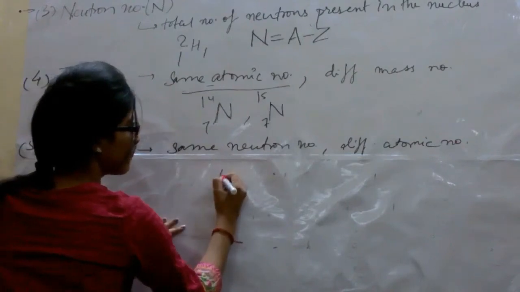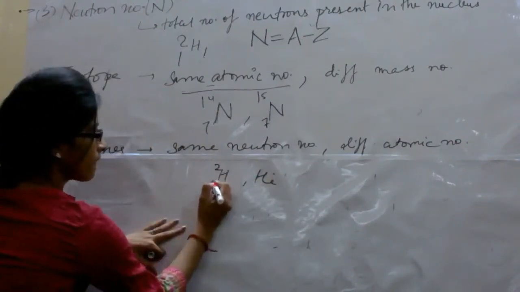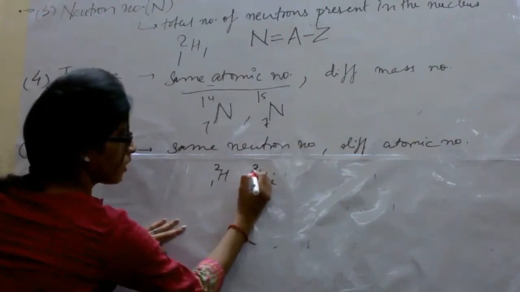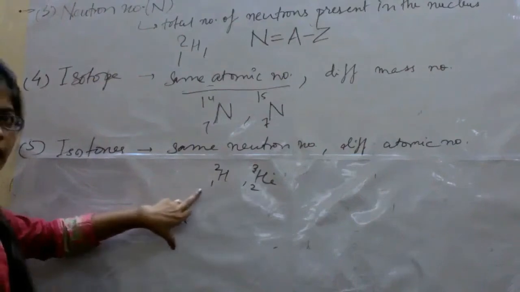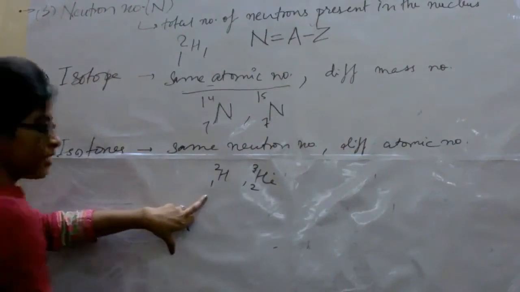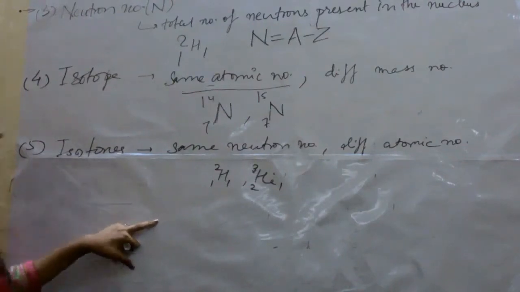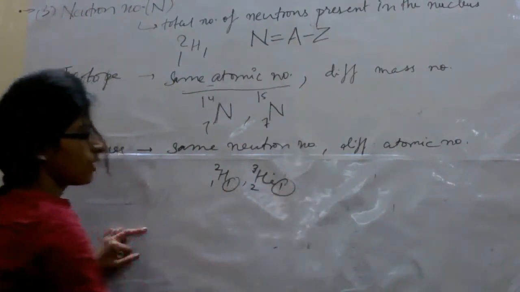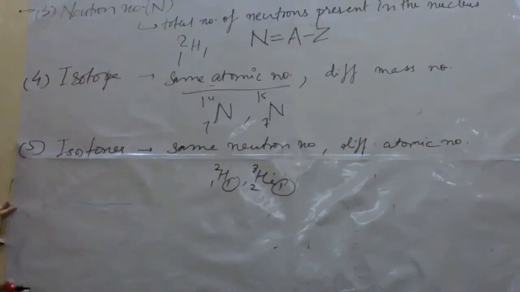For example, hydrogen and helium. Different atomic numbers but same neutron number. You can clearly see it. So they are isotones.